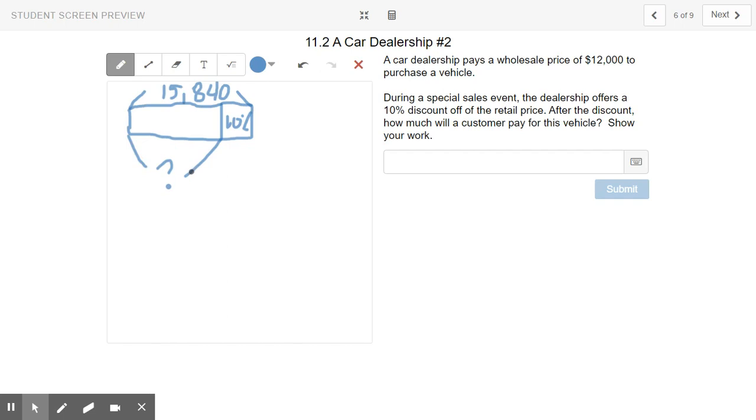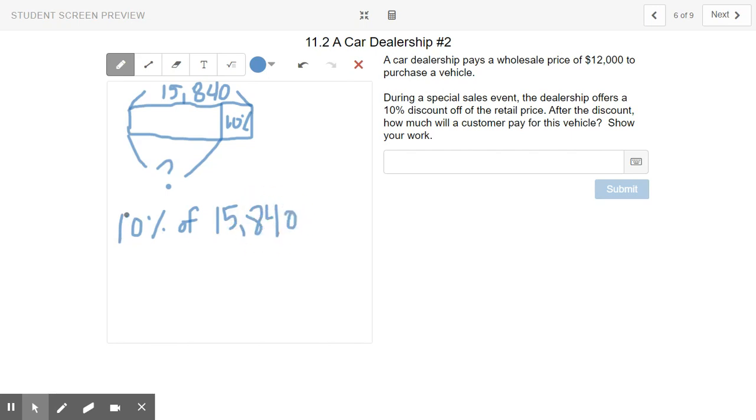There's actually two ways you can go about this. A lot of students, the first thing they want to do is figure out what 10% of the car is, or of the retail price. So basically they find the discount, right? So they do 10% of 15,840.